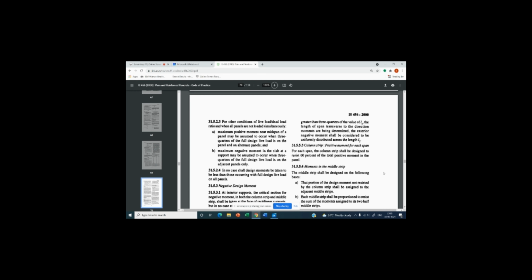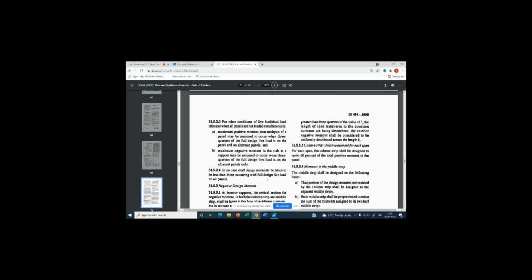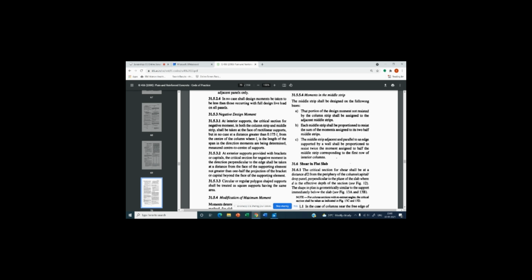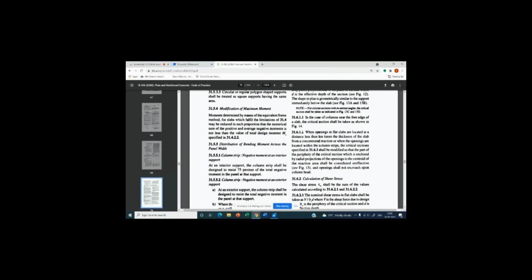Same way, there is the negative bending moment: 75% of the negative bending moment should be assigned to the column strip. 75% of the negative bending moment will be taken up by the column strip.